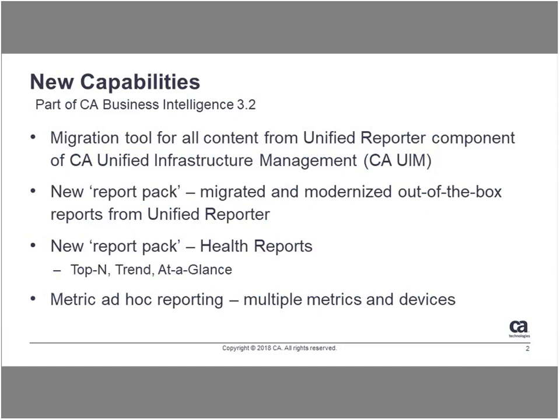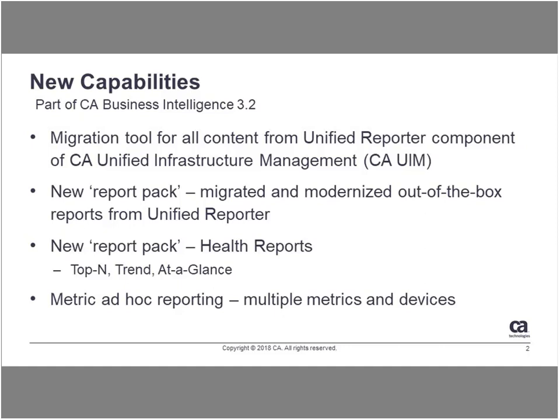We now have a migration tool for all content from the Unified Reporter. If you're using the legacy Unified Reporter and had any custom or out-of-the-box reports, we can now export those from UR and import them into CABI, so you only have to maintain one reporting system.